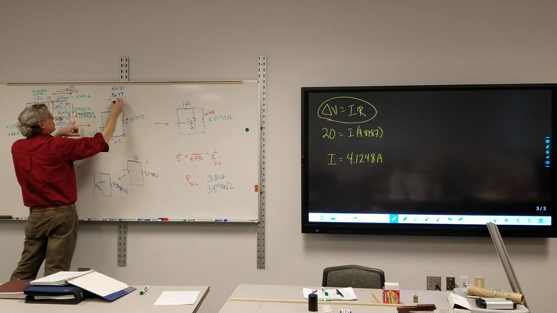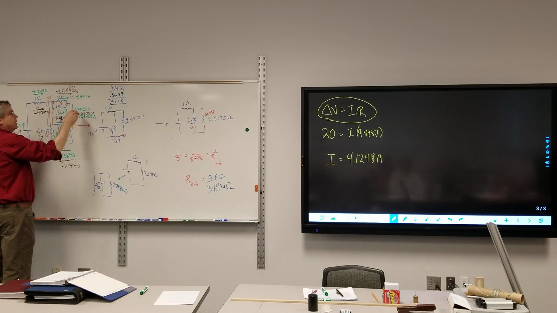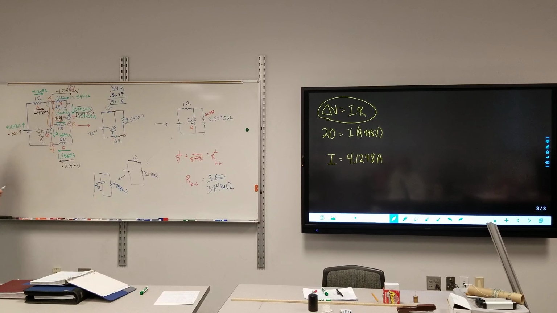I get 0.9118. And we calculated a 4.9101, so we are 17/10,000ths of an ampere off, or 1.7 milliamps.